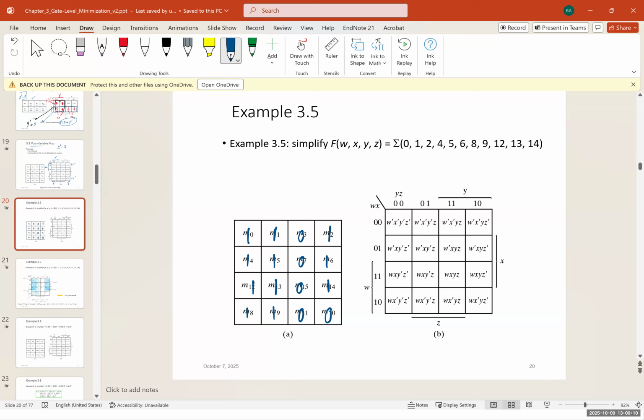Again, M0 is the product term of its minterm: w prime, x prime, y prime, z prime. And for example, M15 is w, x, y, z. I will give you a few minutes to think on it, and then I will solve it.